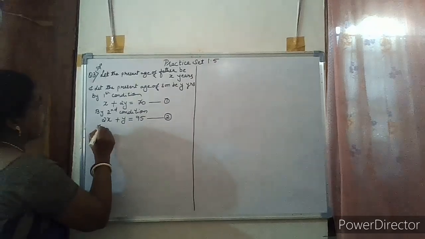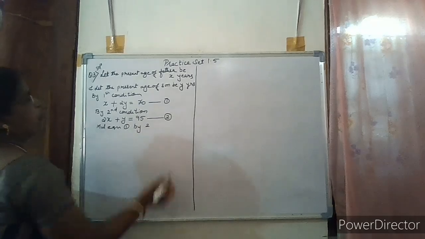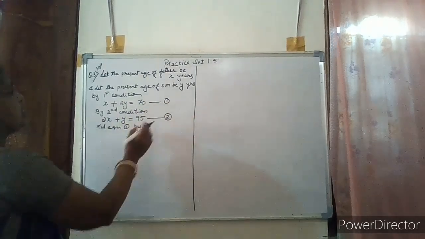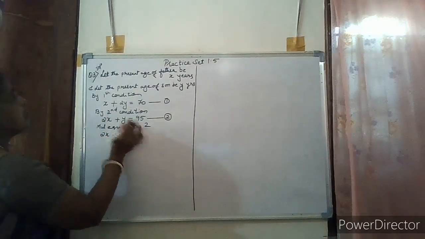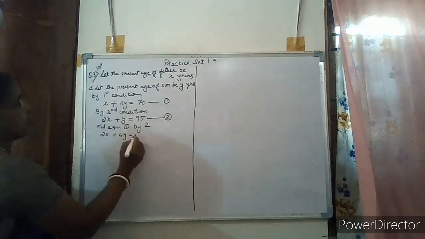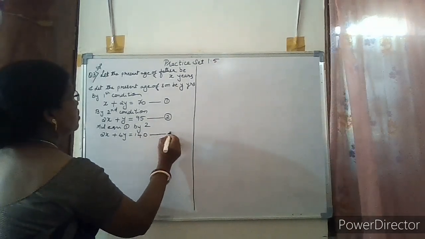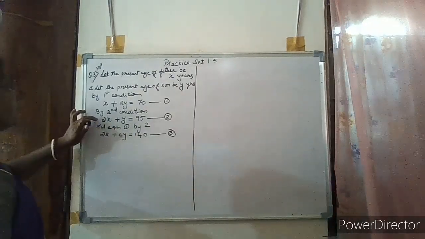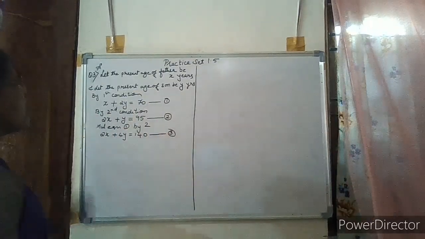So let us multiply equation 1 by 2. Equation 1 gets converted as, if I multiply by 2, 2 into x is 2x plus 2 into 2y is 4y is equal to 2 sevens are 14, 140. This is equation 3. Now I have to subtract equation 2 from 3, because equation 3 is representing equation 1.